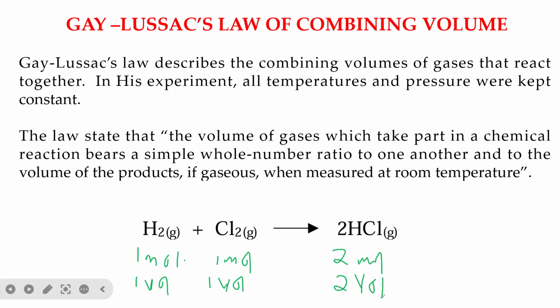There is a strong relationship between Gay-Lussac's law and Avogadro's law, because Avogadro's law shows the relationship between moles and volume. Therefore, 1 mole of hydrogen means the same as 1 volume of hydrogen. That is according to Gay-Lussac's law of combining volume.